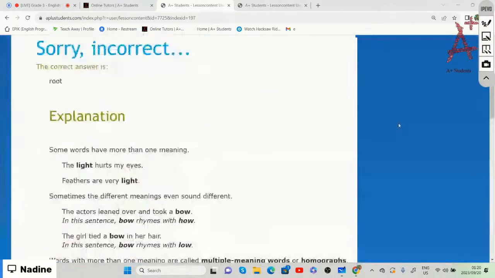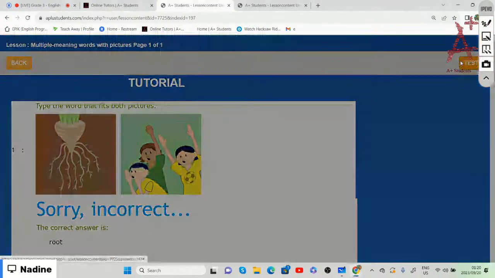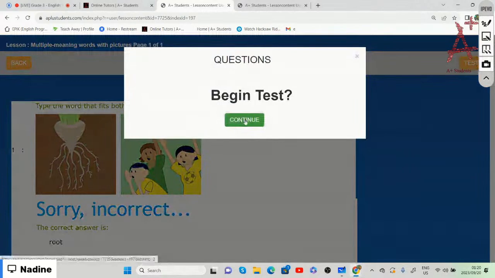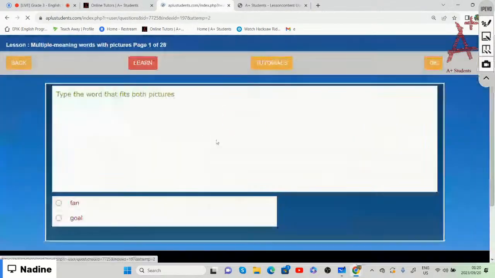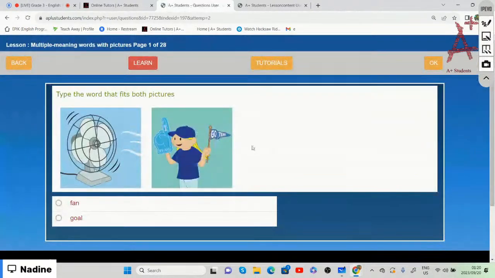So now let us go to our test on multiple meaning words with pictures. If we look at these pictures right in front of us, we need to say which one fits both the pictures. Is it fan or goal?